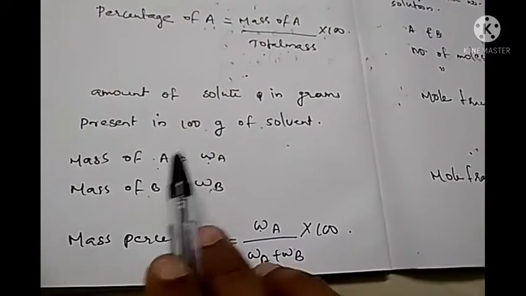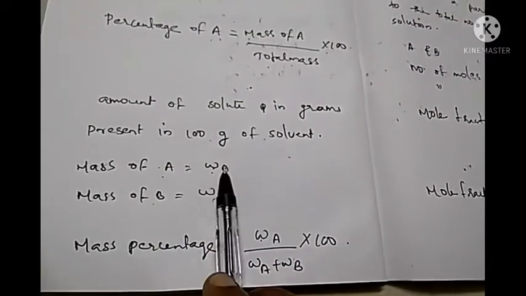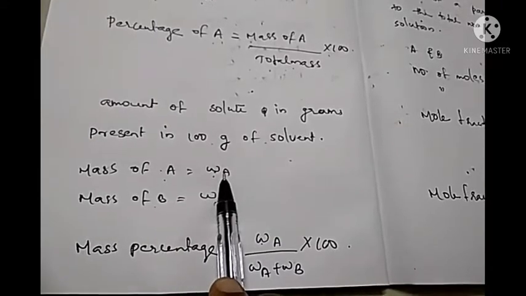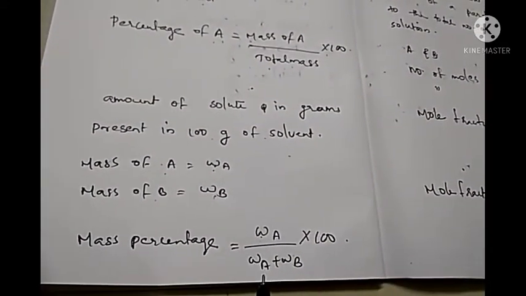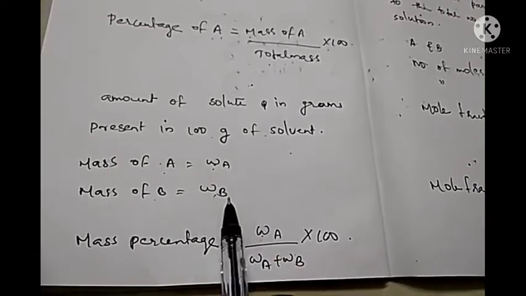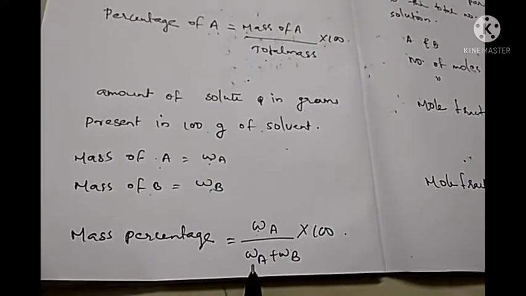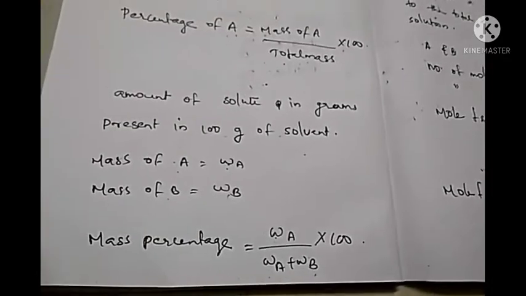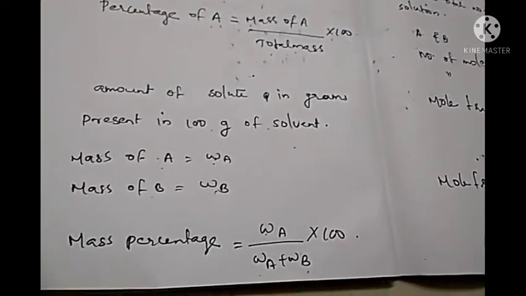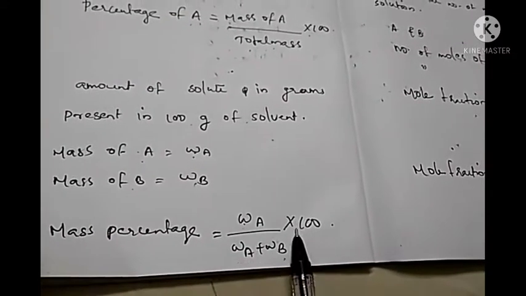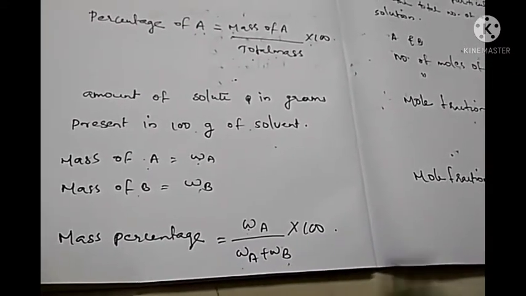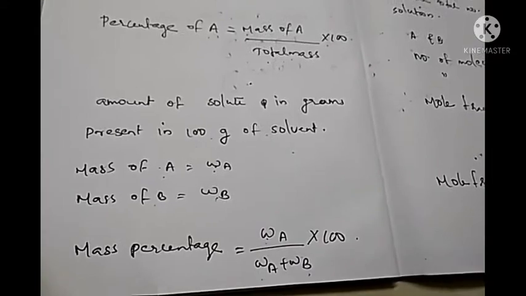The mass percentage of the solute A will be equal to the mass of the solute WA divided by the total mass. Total mass means mass of A plus mass of B, that is WA plus WB. So the mass percentage of the solute will be equal to the mass of the solute divided by the total mass into 100. This is the formula to calculate the mass percentage of the solute.